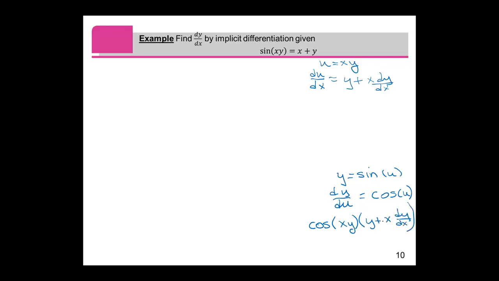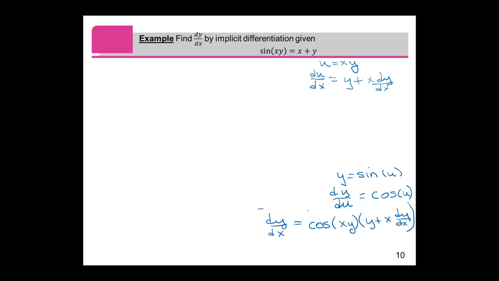Very good. And this then is equal to what? This is equal to dy dx, right? Yes, because we took du dx, that's equal to dy dx.